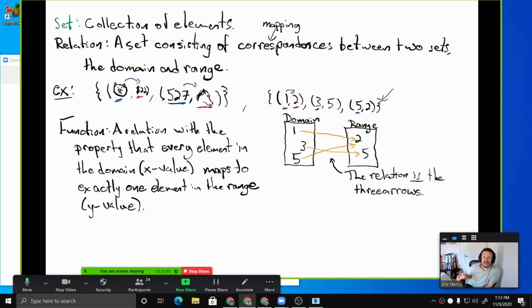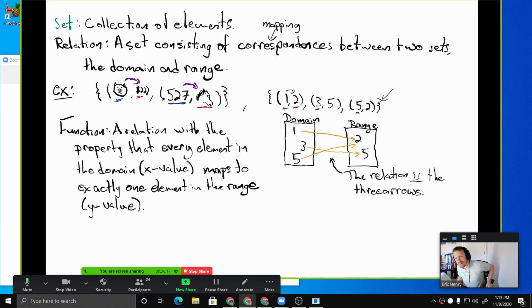So now we're going to do an analysis on both of these, and let's start with the first one first and see, is it a function? So this here, pig, maps to $22. Does pig map to anything other than $22? No. 527 maps to horse.